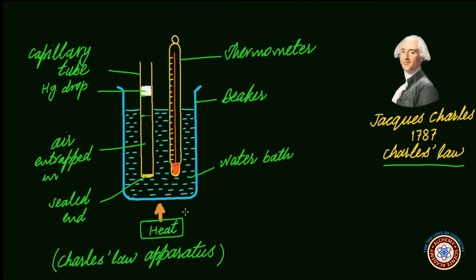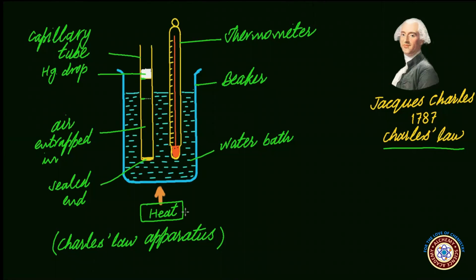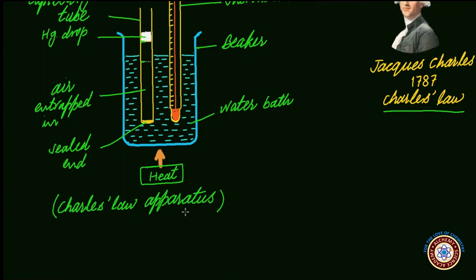When heat is supplied to the system, water molecules in the water bath absorb thermal energy, and in turn they transfer their heat energy to the molecules of entrapped air in the capillary tube. The molecules of air, after absorbing thermal energy, undergo an increase in their average kinetic energy, and because of that, collisions between air molecules become more energetic.